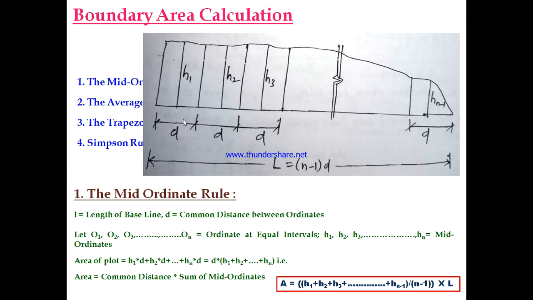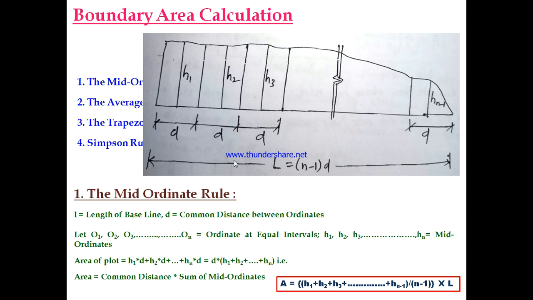So these are the midpoints of the ordinates and the distance is D. Now this particular length of the baseline will be equal to n minus 1 into D. So this will be Hn minus 1, because after that Hn will be considered as an ordinate, not the mid ordinate. So we have taken here Hn minus 1, so the length will be equal to n minus 1 into D.